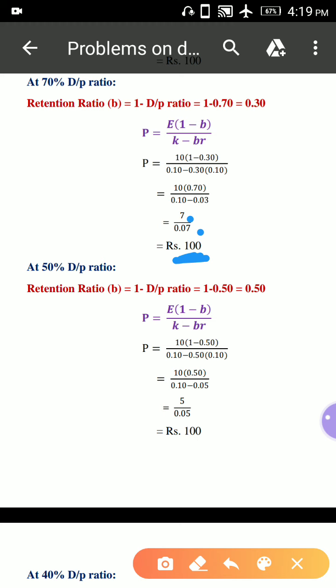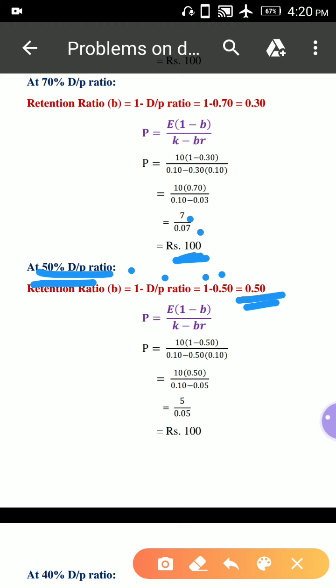Similarly, at 50% dividend payout ratio, 1 minus the dividend payout ratio, 1 minus 0.50, is equal to 0.50. Here the retention ratio is 50%, that is 0.50. Now E 10 rupees into 1 minus B value 0.50, divided by K 0.10 minus B 0.50 into R 0.10.